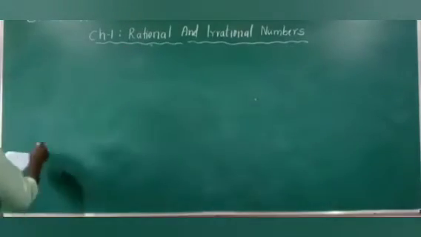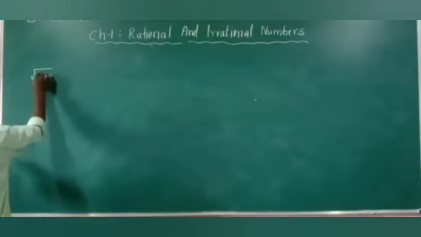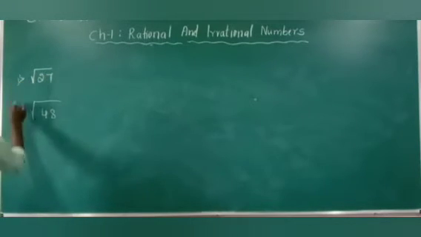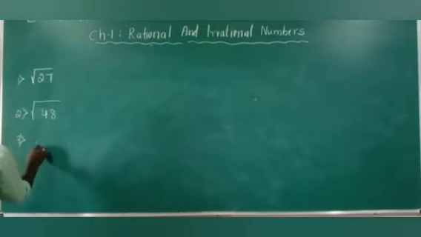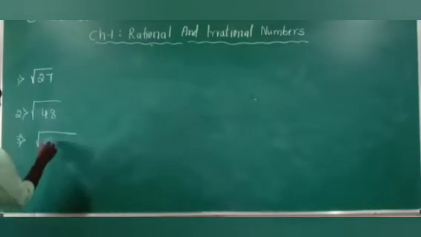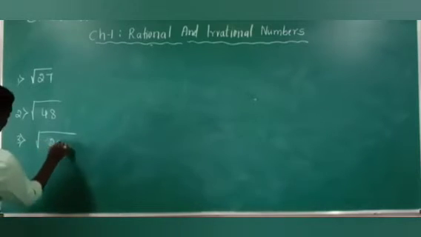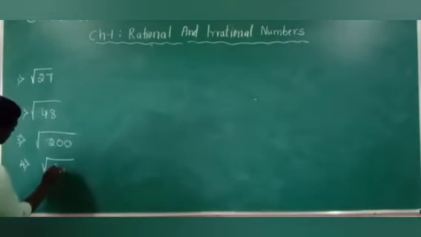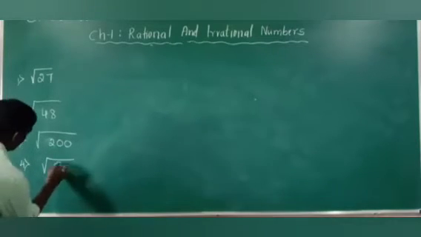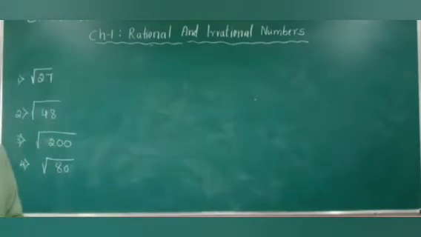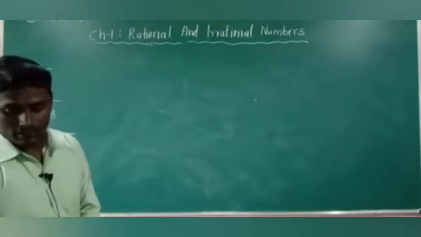The first question is root 27, then root 48, the third is root 200, and the fourth is root 80. For these you need to find the least rationalizing factor.